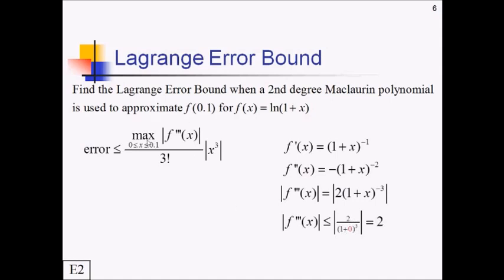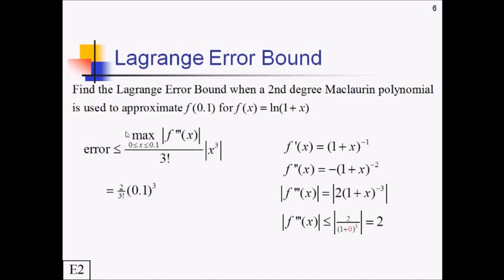Now going back here, we can substitute 2 for this whole numerator. So we've got 2 over 3 factorial, and I've also got 0.1 cubed, plugging in the input here. Now I don't need absolute value anymore because I know this comes out positive. I'm writing equals here because this expression and this expression are numerically equivalent to each other.